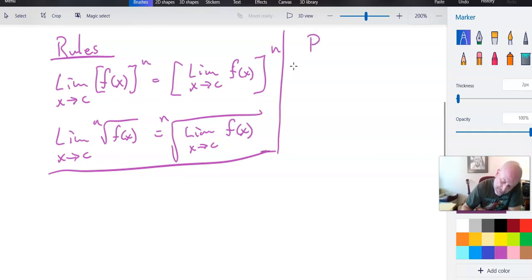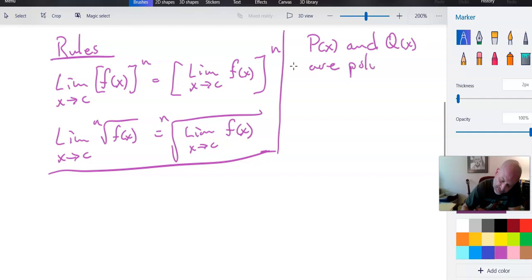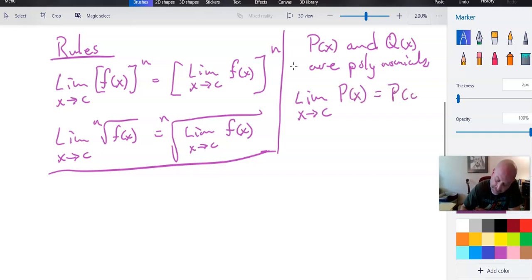So if p of x and q of x are polynomials, and we will be dealing with a lot of polynomials, then the limit as x approaches c of p of x is equal to p of c. Right?